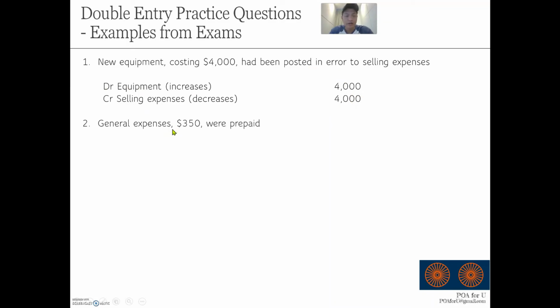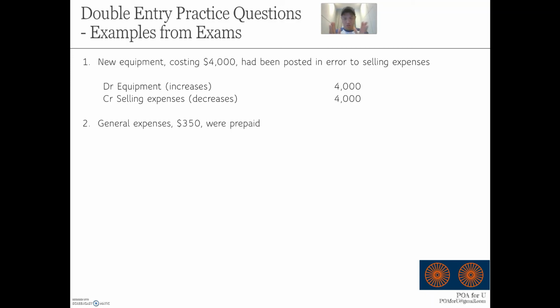Now, the next one, general expenses 350 were prepaid. So if you have general expenses that were prepaid, you know what's happening, right? There was a prepayment of general expenses for $350.